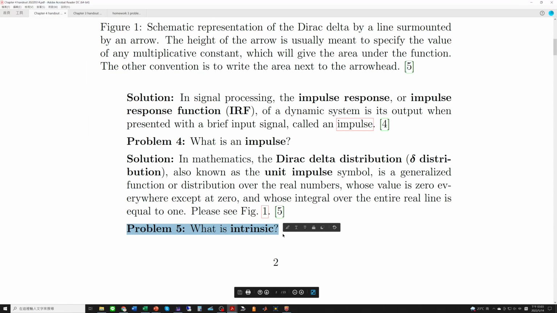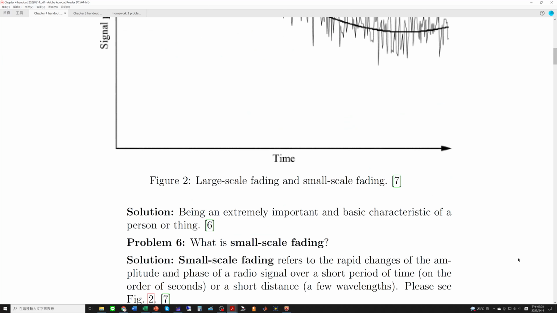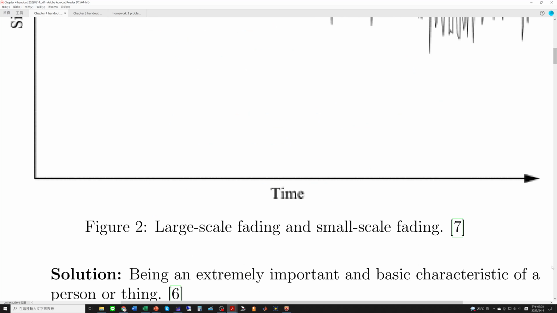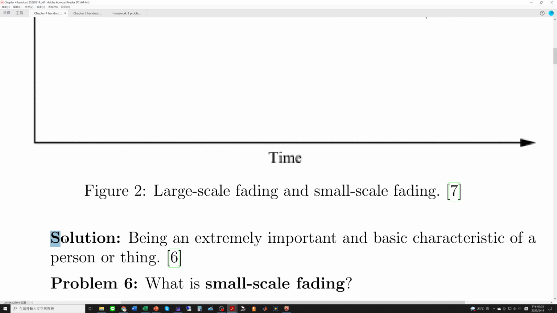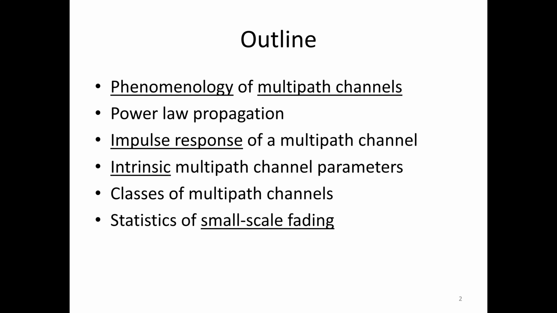What is intrinsic? Solution. Being an extremely important and basic characteristic of a person or thing. Let us go back to the slides.